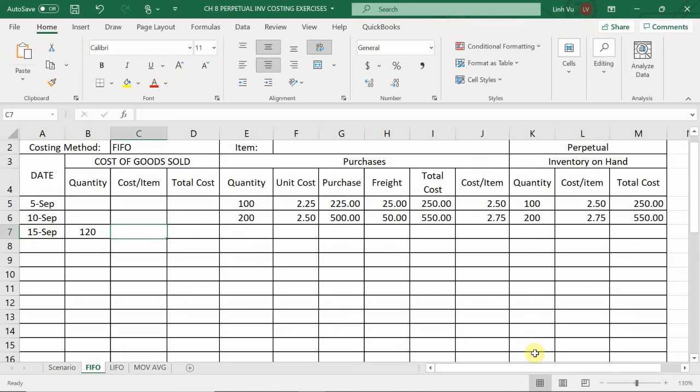In this case, we're using FIFO, so we take the whole first 100 first. Okay, good.